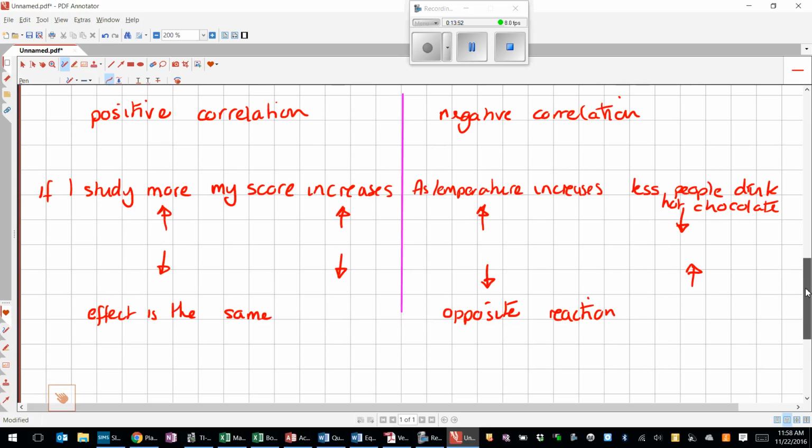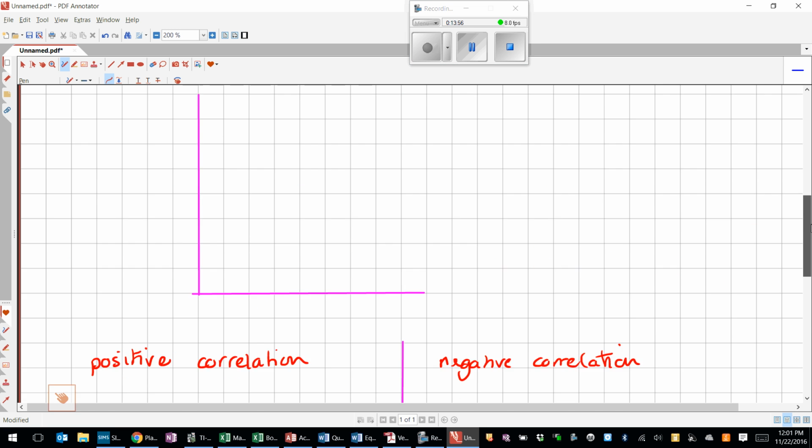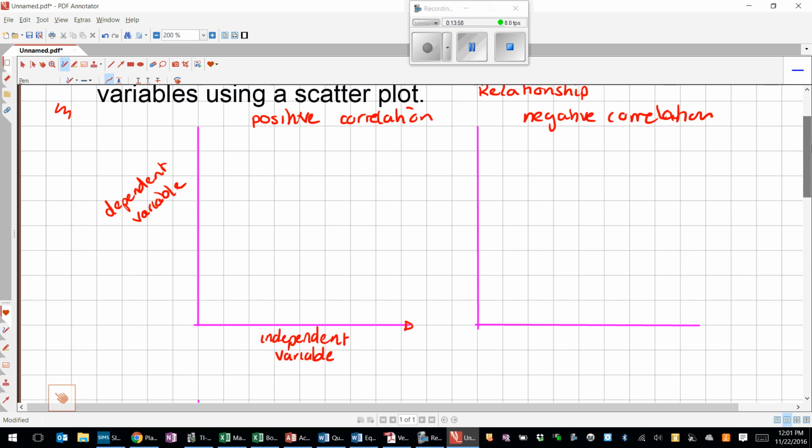Okay, right, I just want to discuss something. This is a typical one to discuss: we would actually try and discuss whether there is an independent or dependent variable in this case.